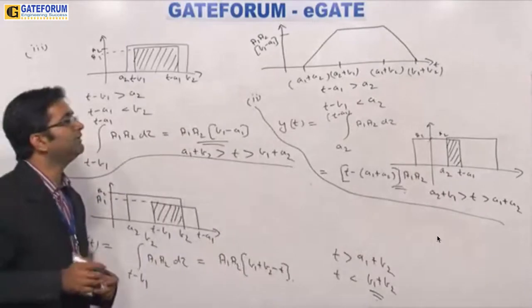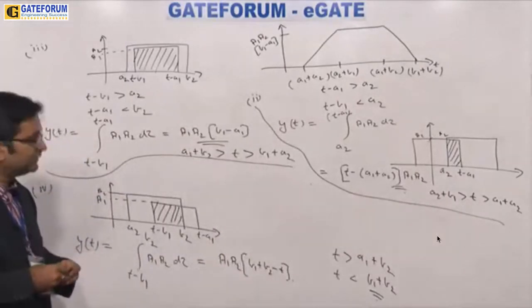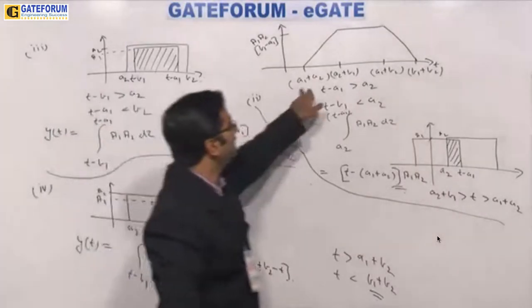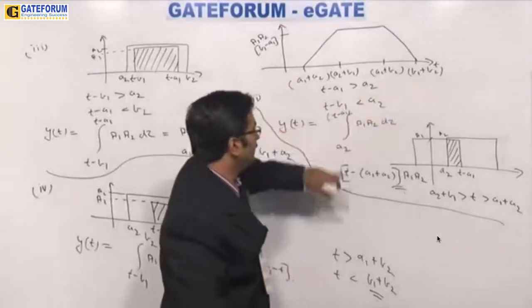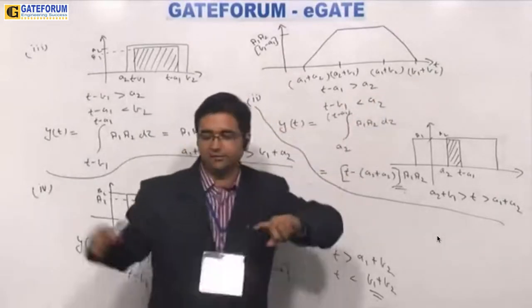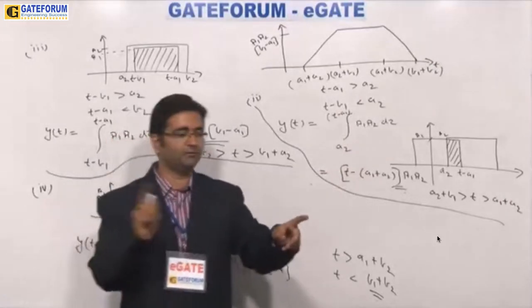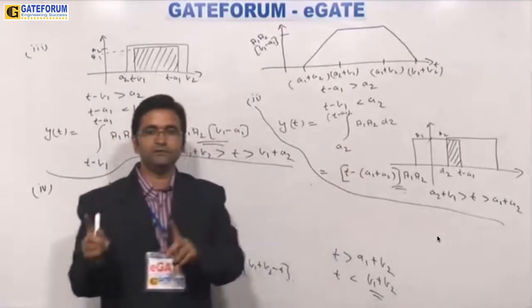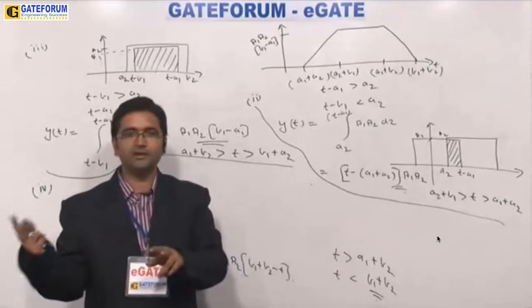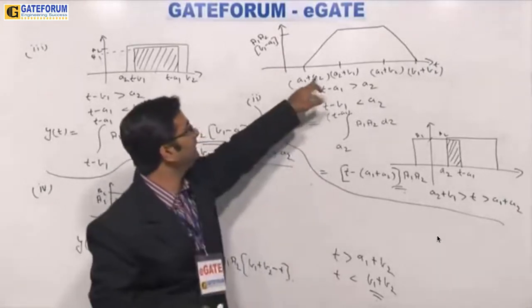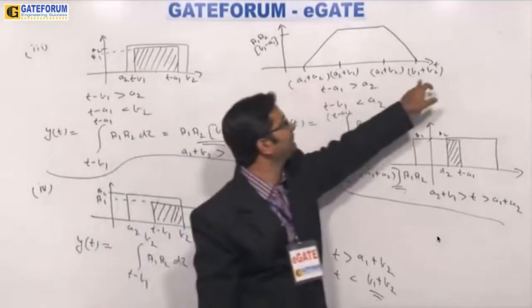A few particular things which we can observe here is the range of convolution, from where to where the convolution exists. You see, our 2 pulses are there, one existing from A1 to B1, another pulse existing from A2 to B2. The range of convolution is nothing but the sum of the lower limits and the sum of the upper limits. Sum of the lower limits A1 plus A2, sum of the upper limits B1 plus B2.